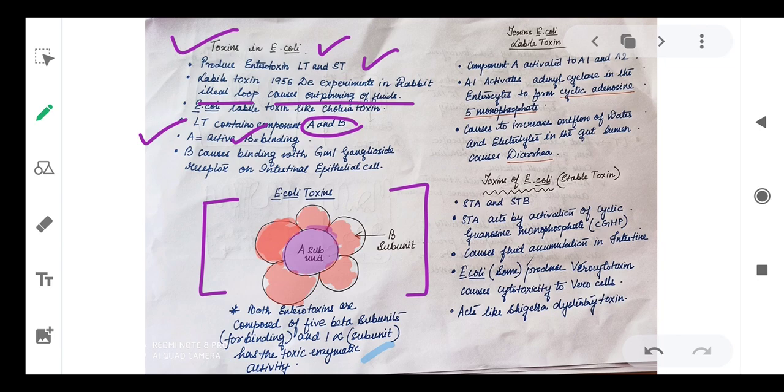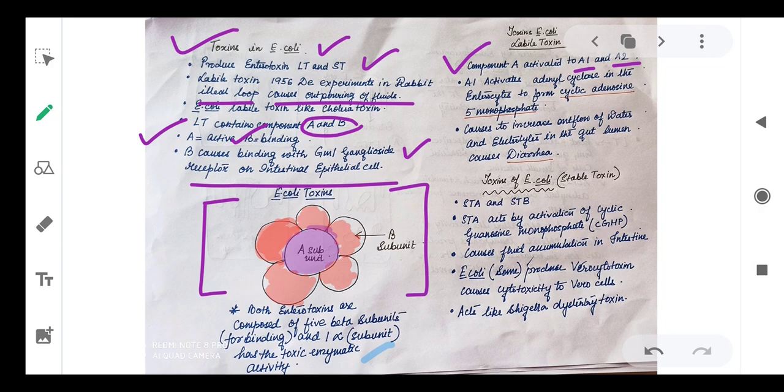So B causes binding to GM1 receptor on intestinal epithelial cell. Now, component A is further cleaved to A1 and A2.